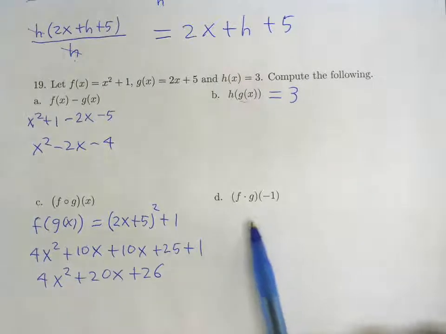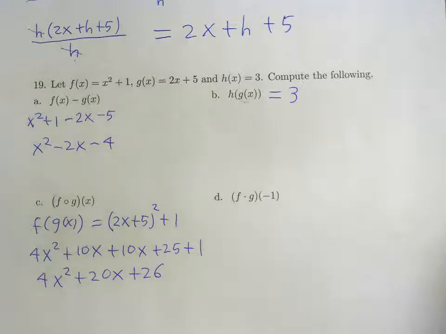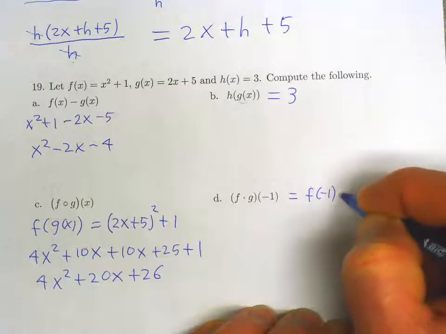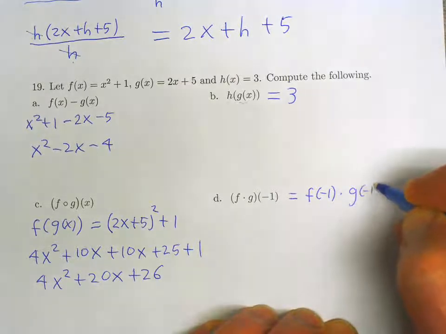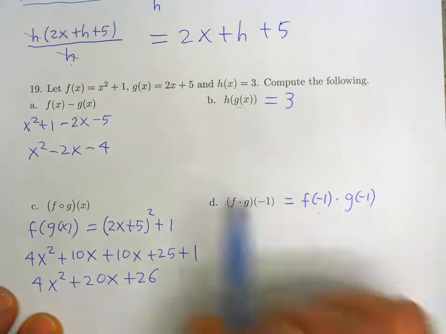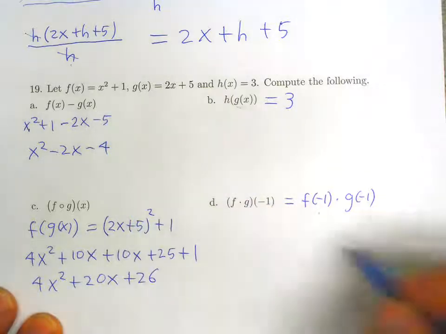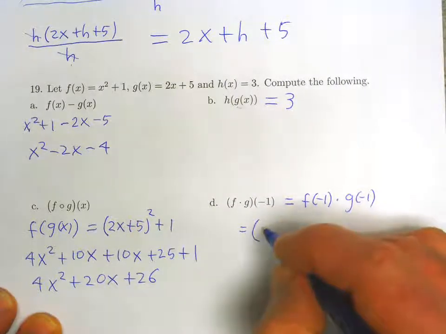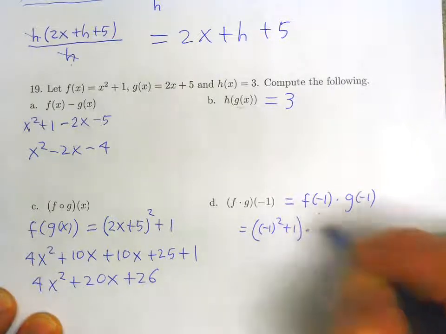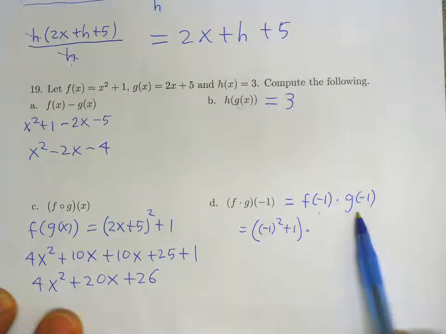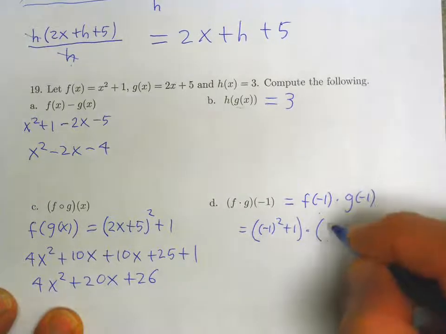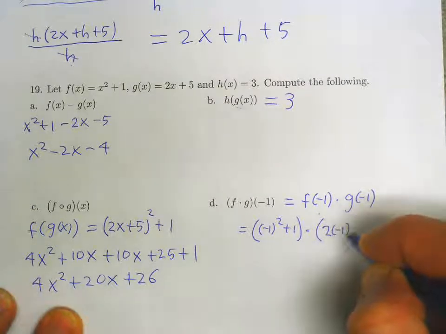Part D, f times g of negative 1. This means to multiply f of -1 times g of -1. Okay, f of -1, since f of x is x squared plus 1, we have the number -1 squared plus 1, and g of -1, g of x is 2x plus 5, so g of -1 is 2 times -1 plus 5.